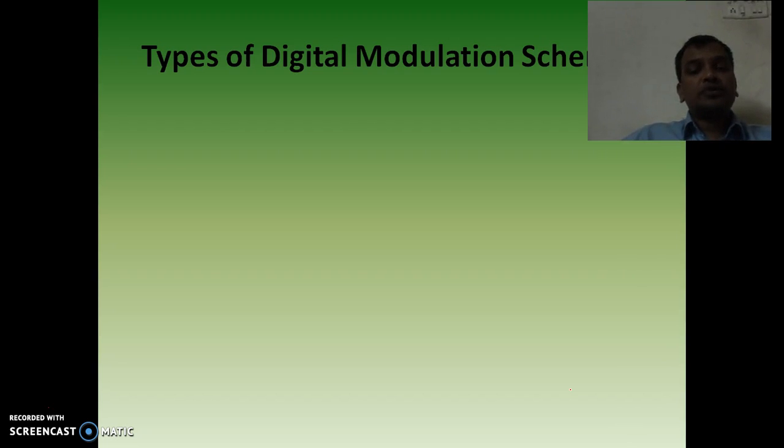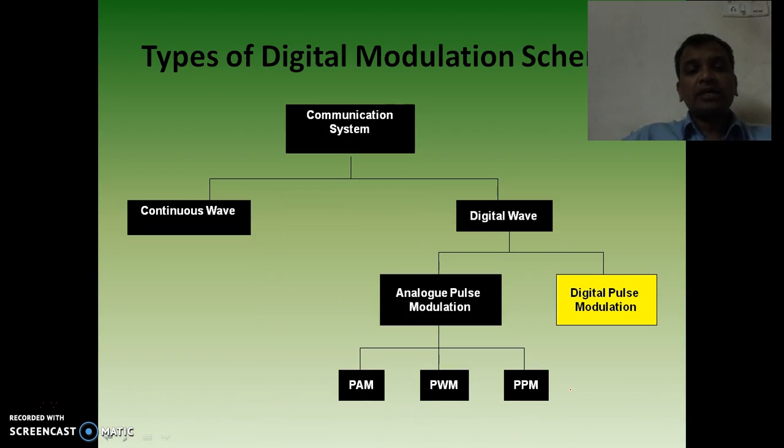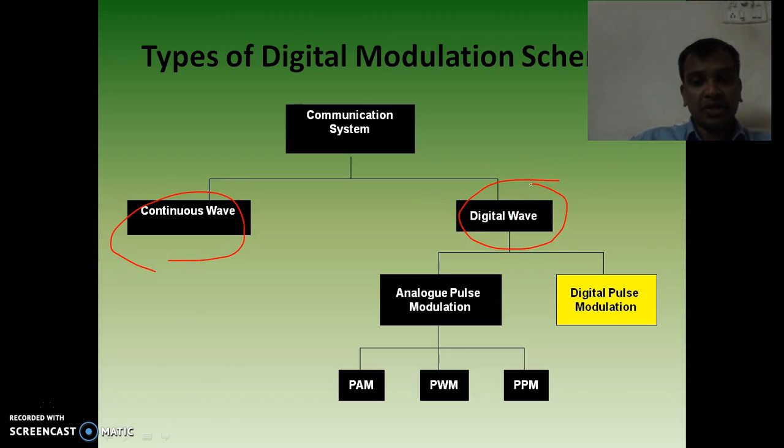Let's look at the types of digital modulation schemes. Basically, in the communication system, the data can be transmitted either using an analog carrier or a digital carrier, that is for long distance communication.